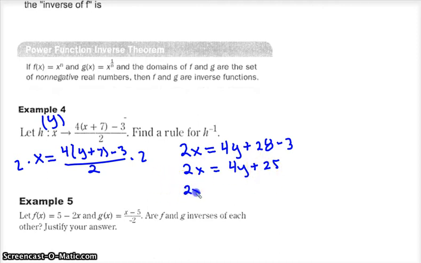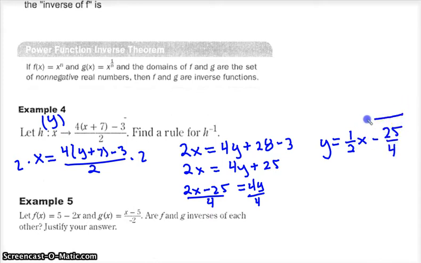So 2x minus 25 equals 4y, and my last step will be to divide by 4. So my final rule is y equals 1/2 x minus 25 over 4. That's the rule for the inverse of this function.